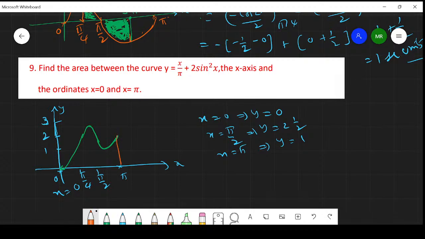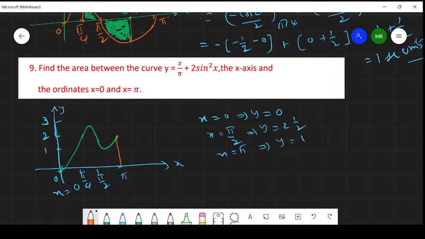This is the line, this is the pi. This is a rough diagram only.